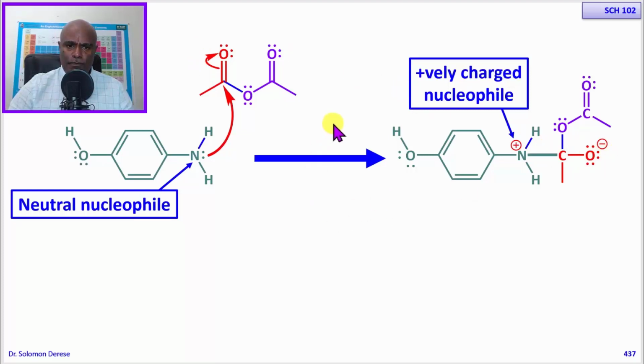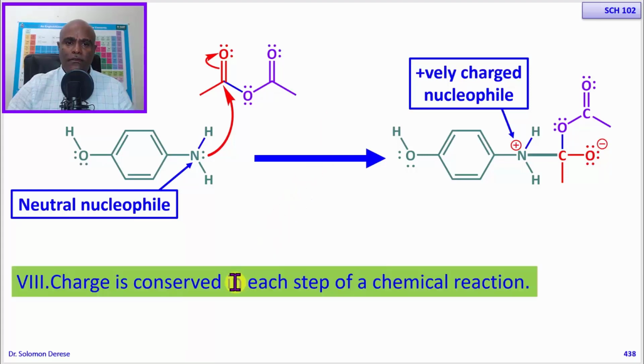So the next rule is about conservation of charges. Charge, be it positive charge, negative charge, or neutral charge, is conserved in each step of a chemical reaction. Charge is never created nor destroyed.